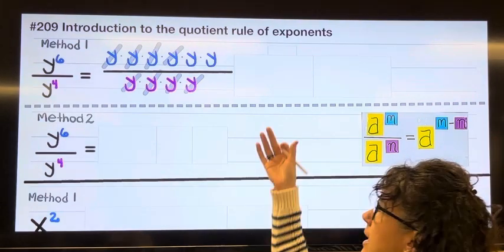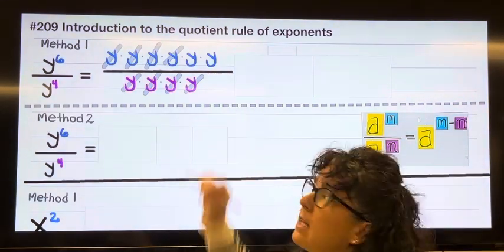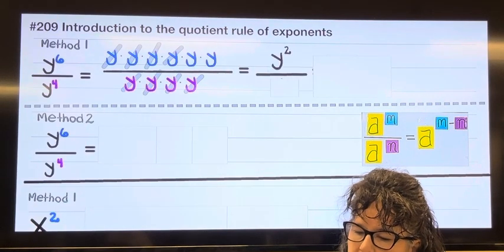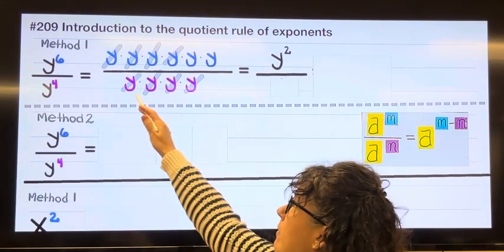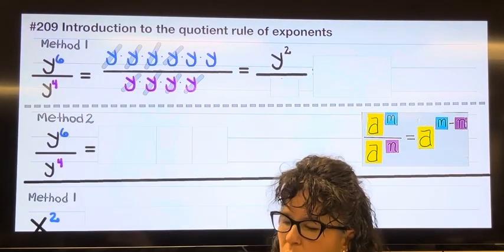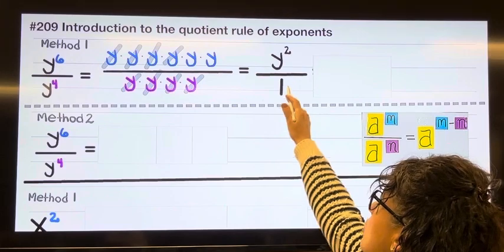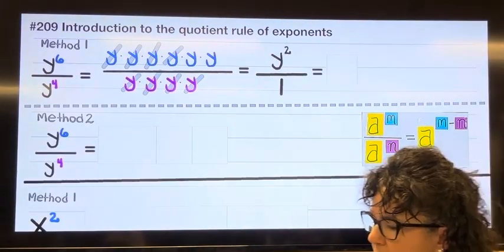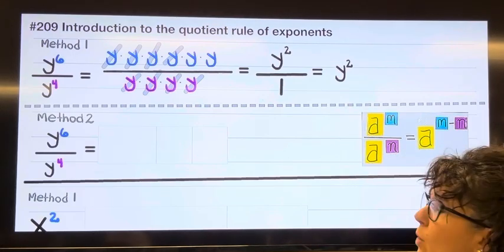Okay, and then in this case, we have a couple of y's left over in the numerator, and so we end up with y to the 2nd power. Now, when everything's crossed off, technically there's still a times 1 there, so it would be over 1. But when you divide by 1, you get the original, so I'm going to end up with y squared.